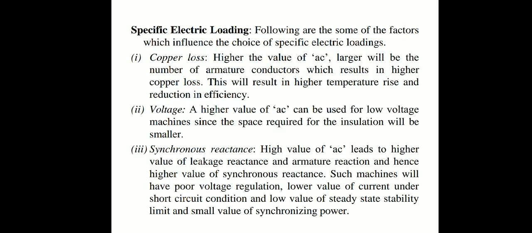High value of AC leads to higher value of leakage reactance and armature reaction and hence higher value of synchronous reactance. Such machines will have poor voltage regulation, lower value of current under short circuit condition, low value of steady state stability limit and small value of synchronizing power.